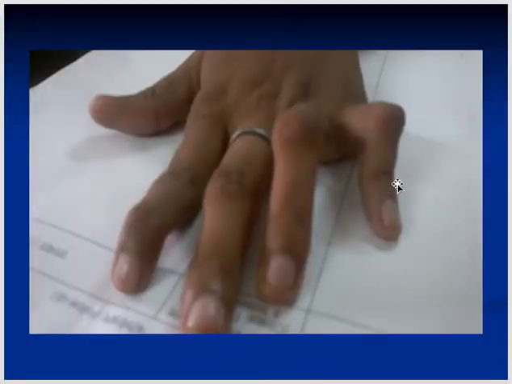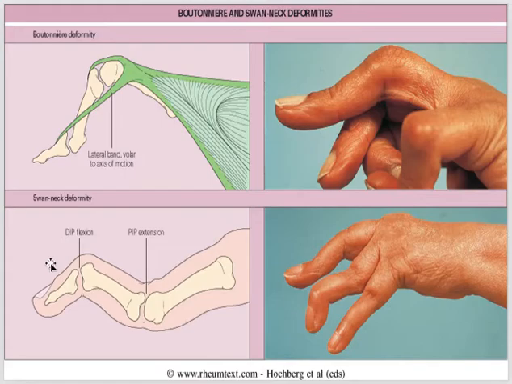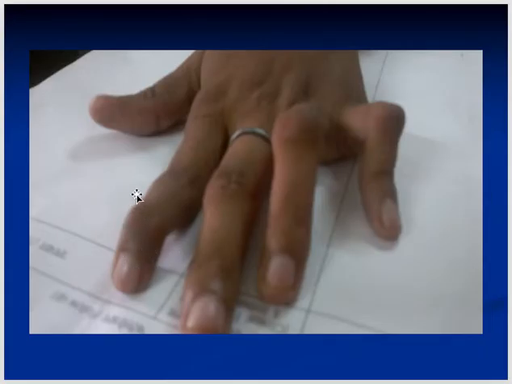You can see over here a boutonniere deformity. What is this one? Swan neck deformity. What is this one? Boutonniere deformity, right? Very easy. See how I know this is swan neck? Because there is what? This one. Flexion at the PIP.